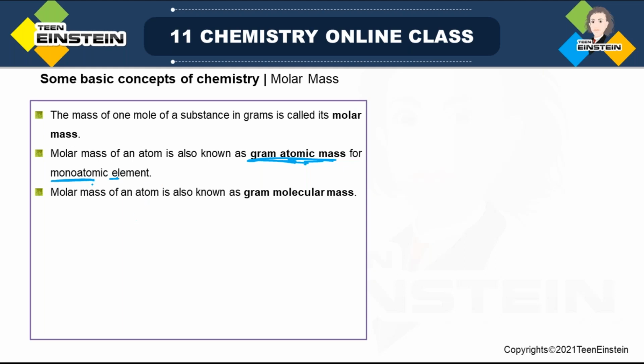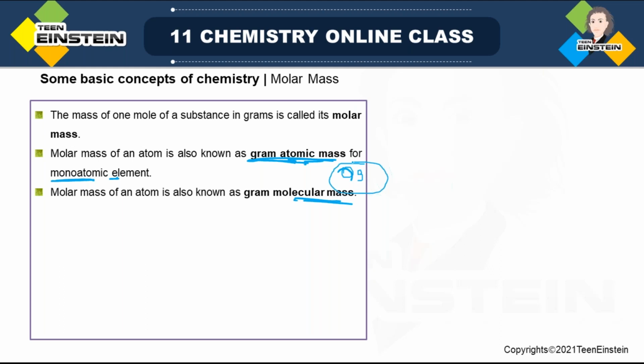If it is not a monoatomic atom, suppose it is diatomic like oxygen, nitrogen, or triatomic like ozone, O3, then you can use gram molecular mass, because if I am writing O3, you have to consider the atomic mass of 3 oxygen atoms together.